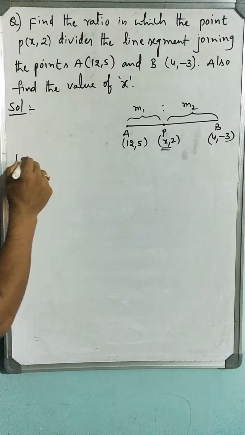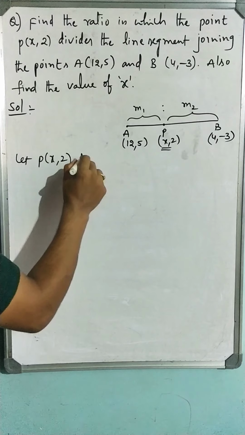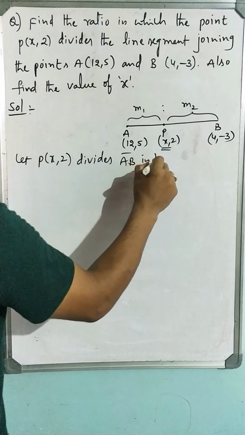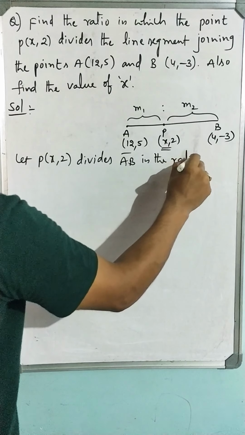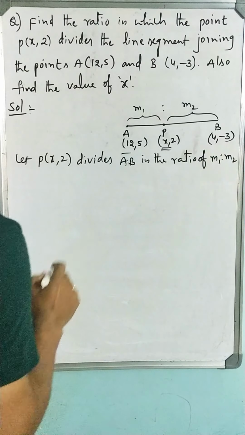Let P(x, 2) divide AB in the ratio of m1 is to m2.